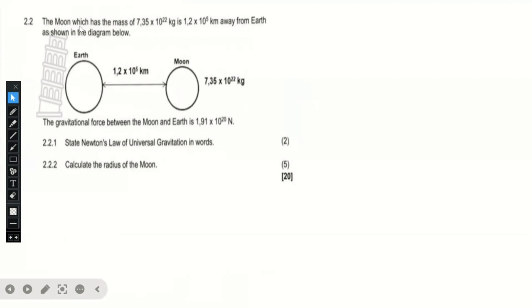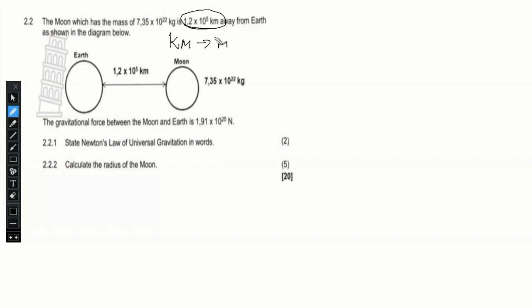It says 2.2, the Moon, which has a mass of 7.35 times 10 to the exponent of 22 kg, is 1.2 times 10 to the exponent of 5 kilometers, right? So note that our distance here is given in kilometers, but we always want our distance in meters.